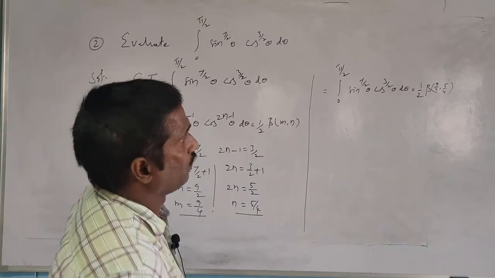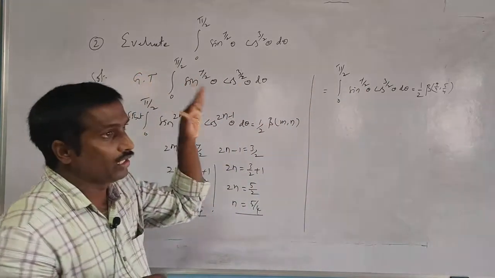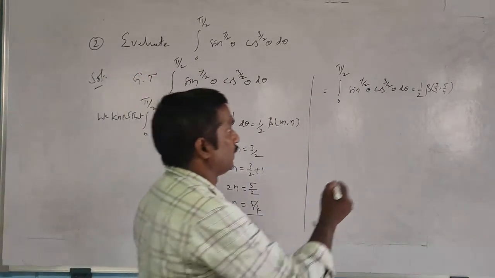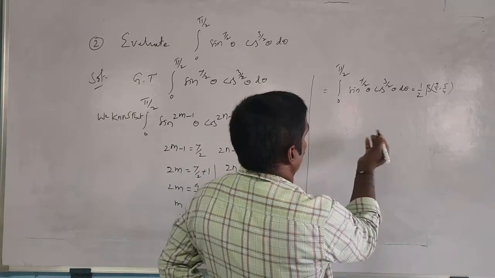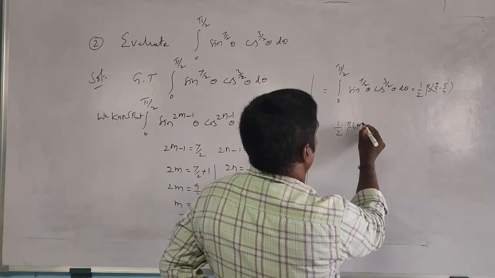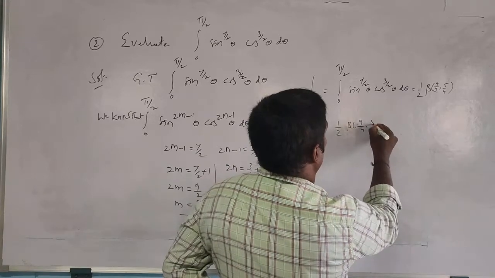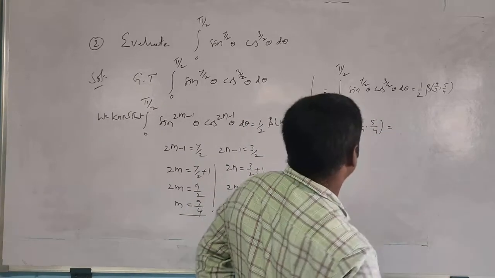Now write beta of m comma n in terms of the relation between beta and gamma function.